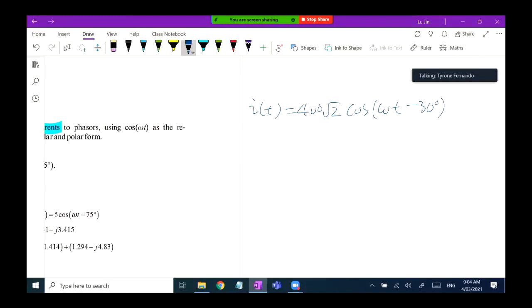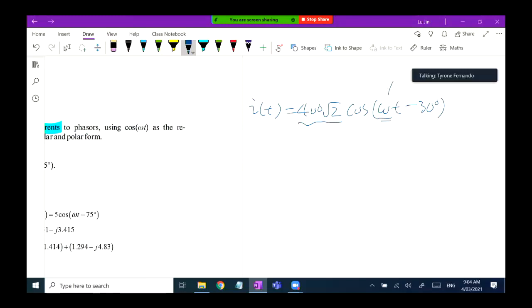I know most of you know this very well, but just in case you forgot, on the right-hand side of this cosine function there are 3 key factors. The first one is the amplitude. This 400 times square root of 2 means the maximum current that this AC current can reach. Next one, omega. Omega is called angular frequency.